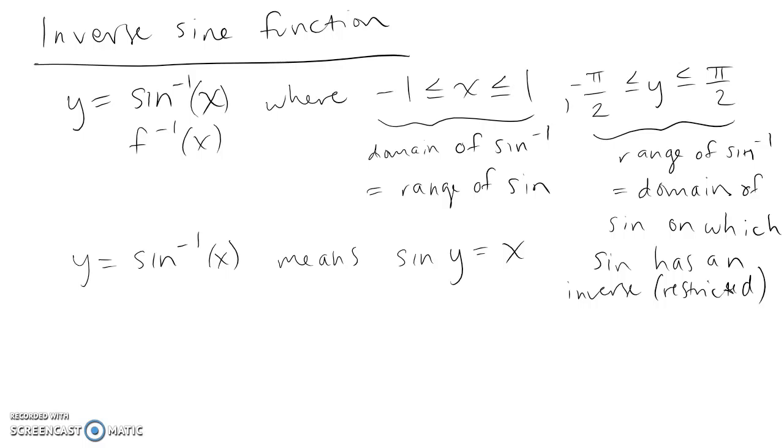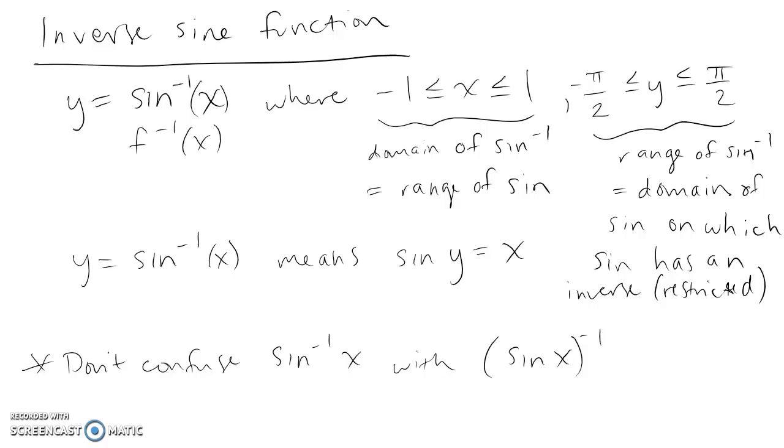Really quickly, I just want to make sure that you don't confuse sine inverse of x with sine of x to the negative first power. This is the inverse function of sine.